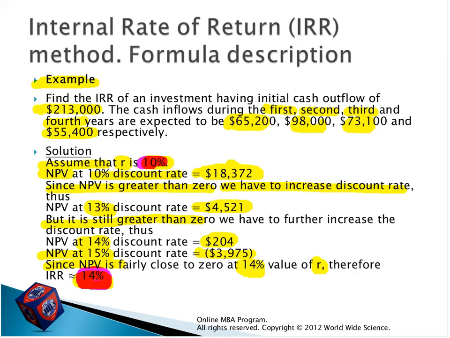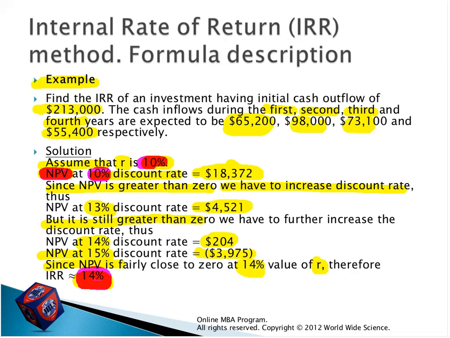In this example, I didn't show you the calculation of net present values, for example, as it starts from 10%. You can do it yourself. Based on this formula, first we find the present value for the first year. You remember how to make it? Take your 65,200, divide by 1 plus 10% to the first power.